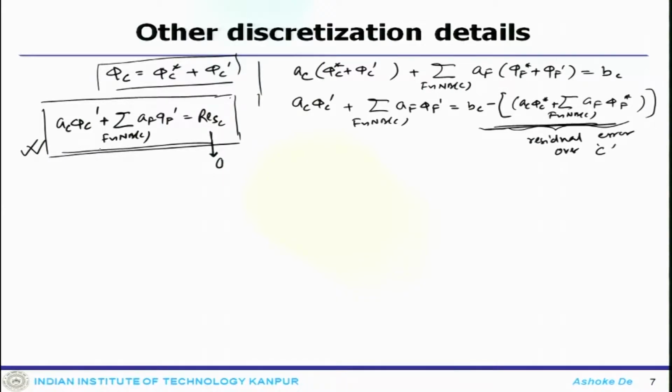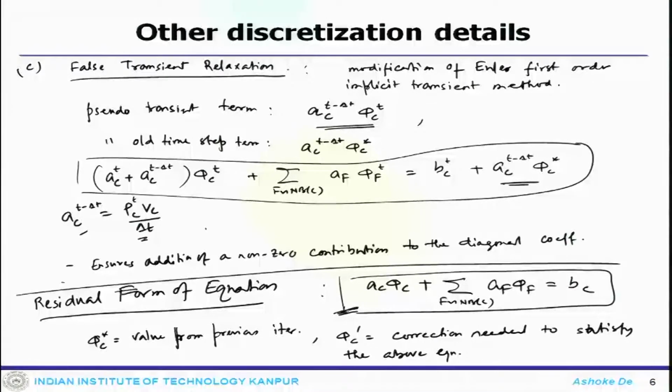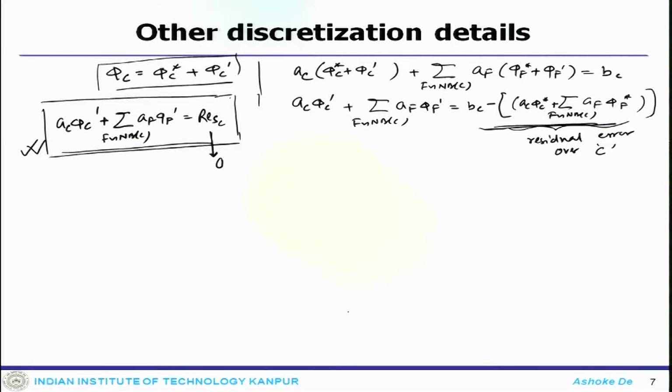In this form, the numerical errors during the solution of the equation are slightly less than those associated with the standard form, that is the previous form, for cases where small variations are expected for large values of phi. So, that is an important advantage that you have once you write it this way.